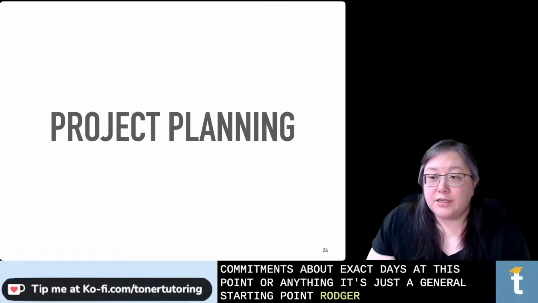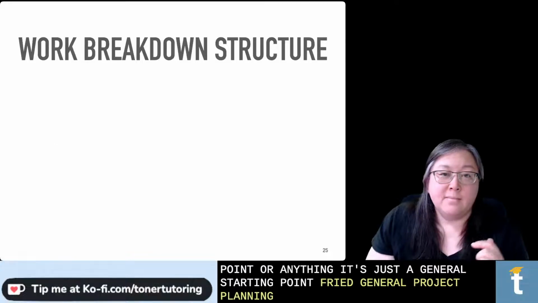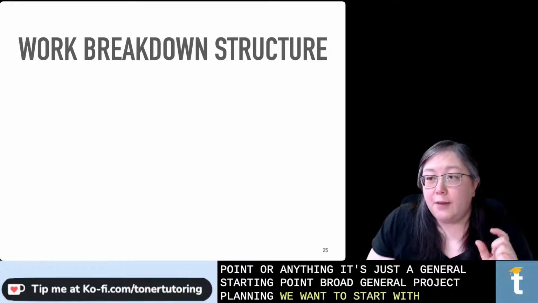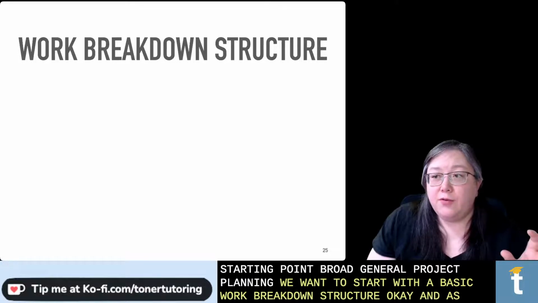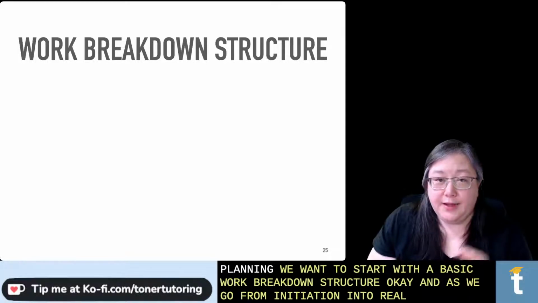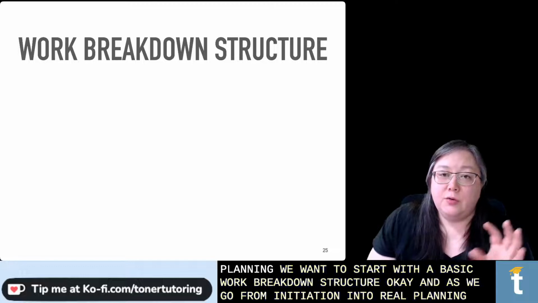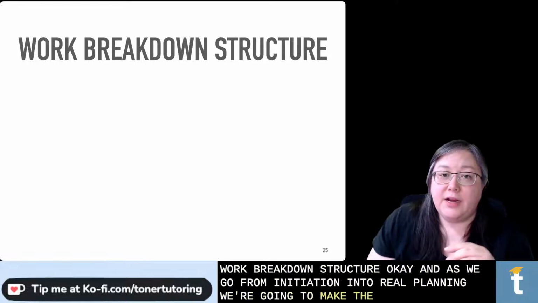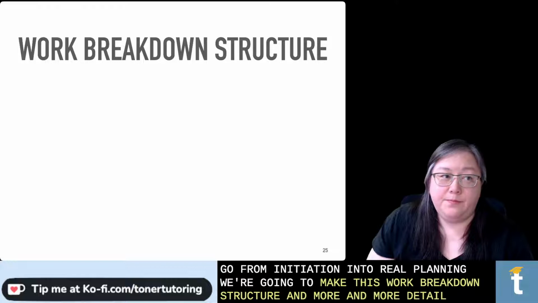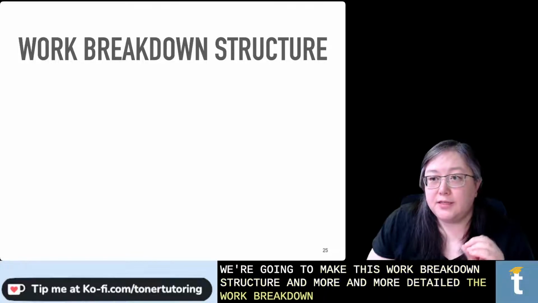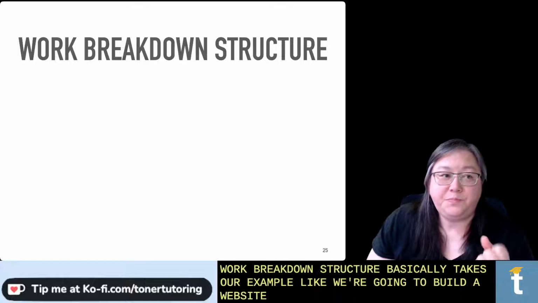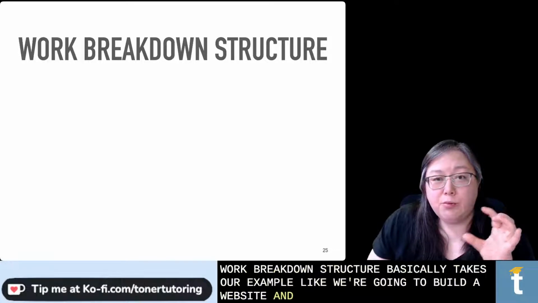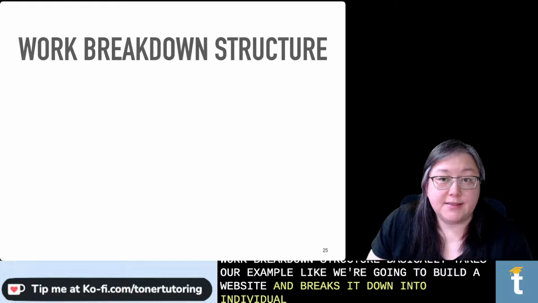For our general project planning, we want to start with a basic work breakdown structure, okay? And as we go from initiation into real planning, we're going to make this work breakdown structure more and more detailed. The work breakdown structure basically takes our example, like we're going to build a website, and breaks it down into individual tasks.